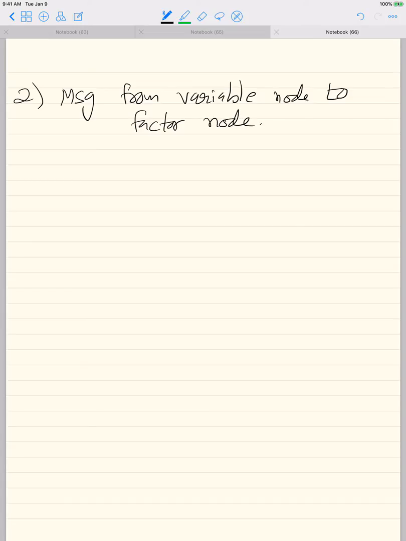Now if we consider the second part, we want to send the message from variable node to the factor node. We will use the other part of our derivation. So here we have some variable node xm, and we want to send a message to the factor node fs.